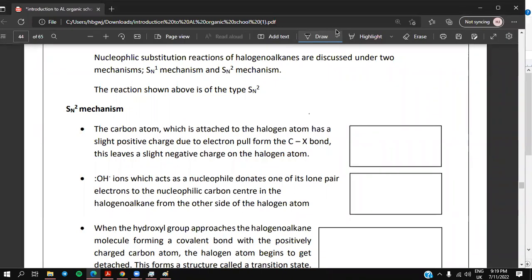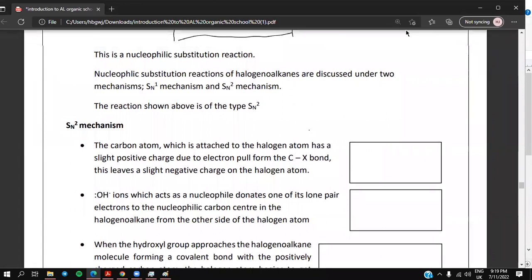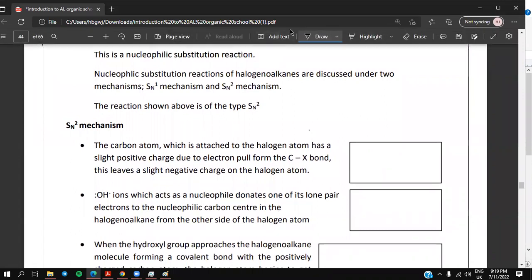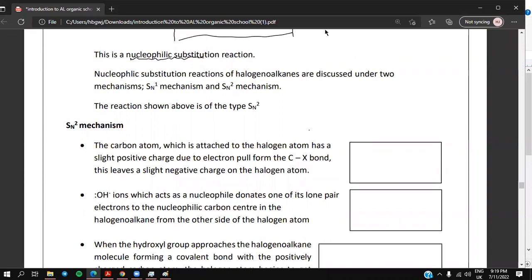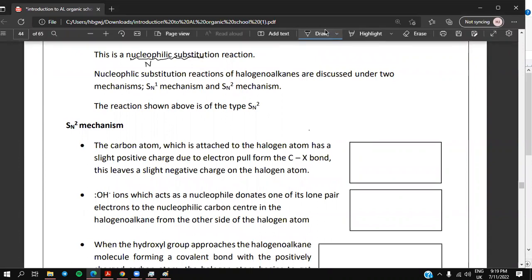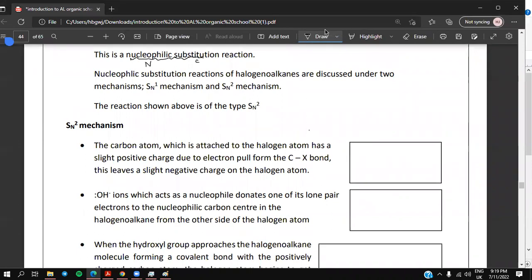We saw that halogenoalkanes show nucleophilic substitution reactions. If I use capital N to show nucleophilic and S to show substitution, I can write SN to say nucleophilic substitution.